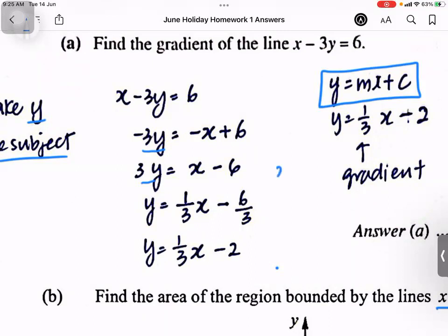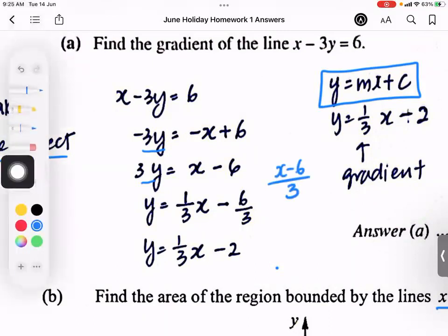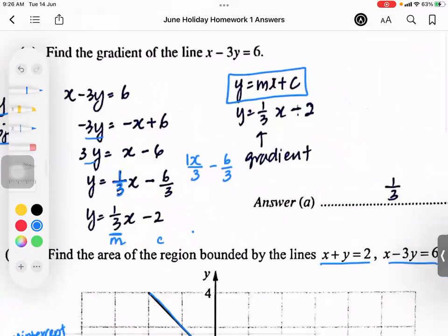Now, a lot of students will do x minus 6 over 3 like that. When you do this, it's very difficult for you to identify the gradient and the y-intercept. So instead of doing this, we do it separately. We split up x over 3 and 6 over 3. That gives me one over 3 x, then 6 divided by 3, 2. So if that's the case, y equals mx plus c, m is my gradient, y-intercept is negative 2. So my gradient will be just 1/3.